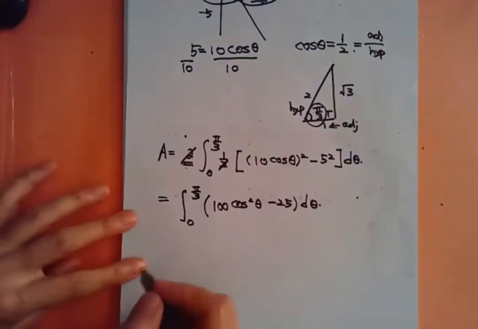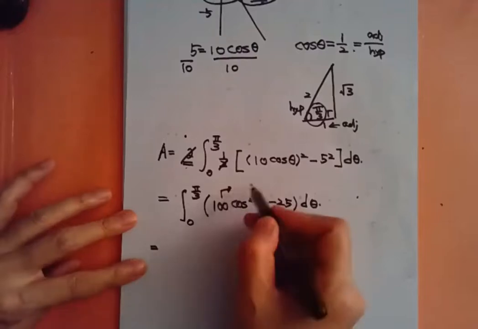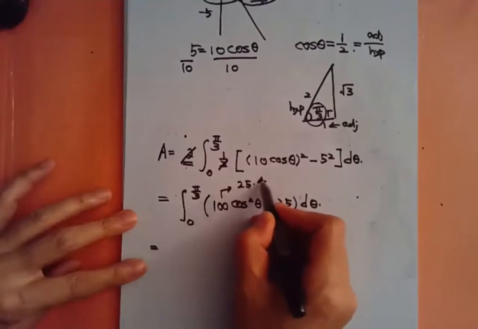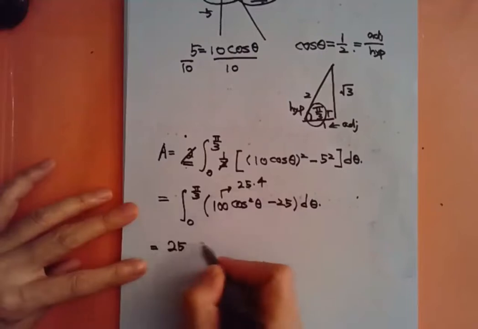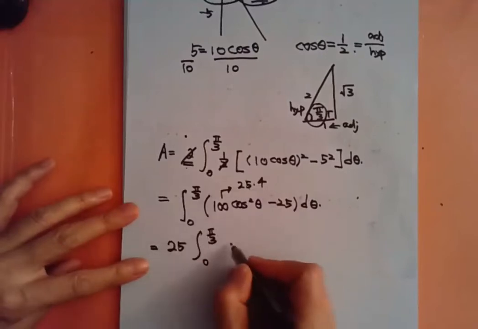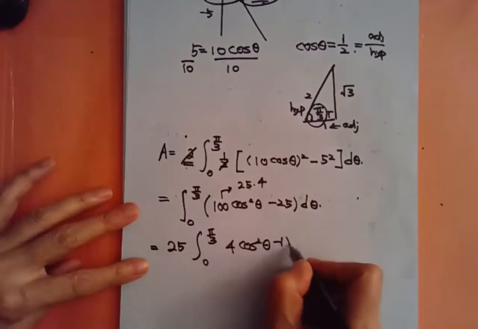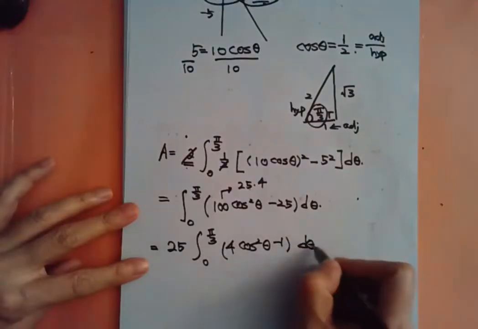So we want to use a simpler number. We take out 25, then 25 times integral from 0 to pi over 3 of 4 cosine squared theta minus 1 d theta.